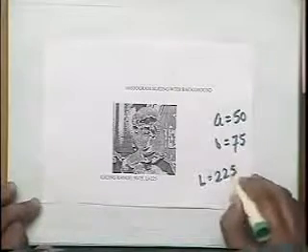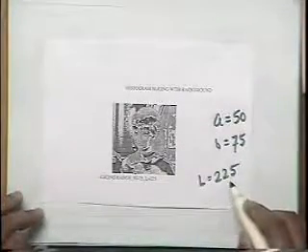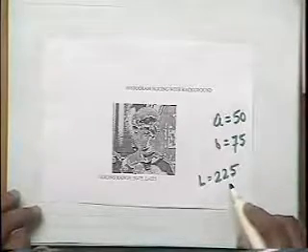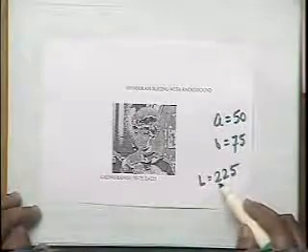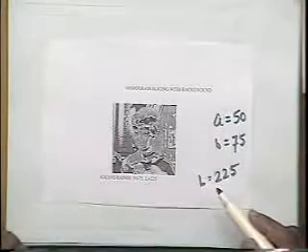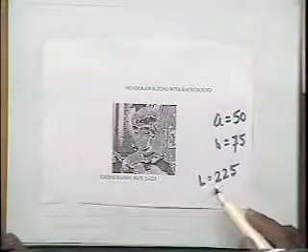Actually their intensity values have been converted not to 255 but to 225, so that you get a distinction from the absolute white and the converted values. So any pixels in the range 50 to 75 have been converted to 225 and the rest of the pixels are being maintained at the original intensity level.